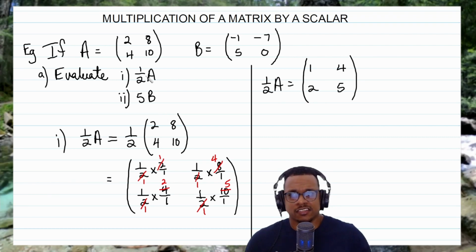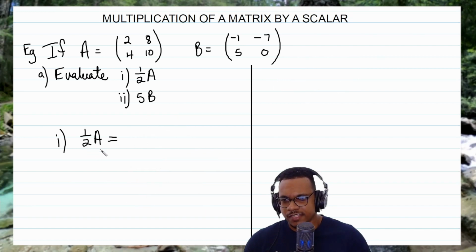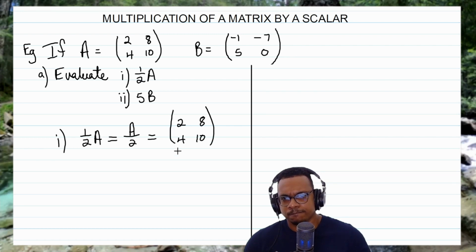Now I'd like to look at another approach to working out a half times A, because multiplying by a half is the same as dividing by 2. So a half A is equal to A divided by 2, because multiplying by a half is the same as dividing by 2. So that'll just be 2, 8, 4, 10 divided by 2.